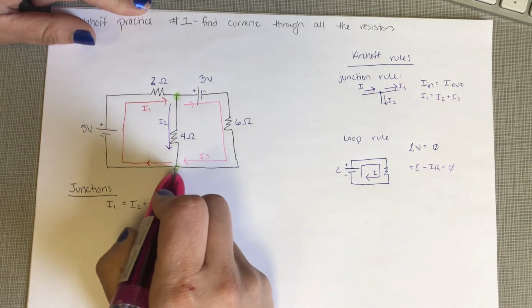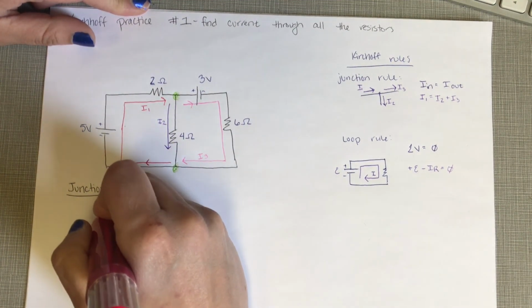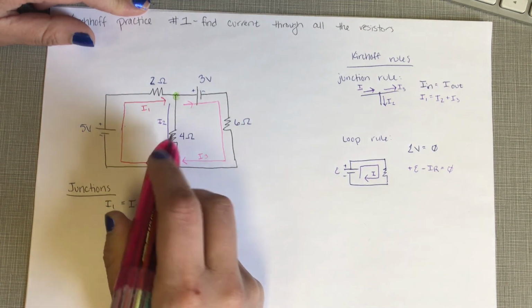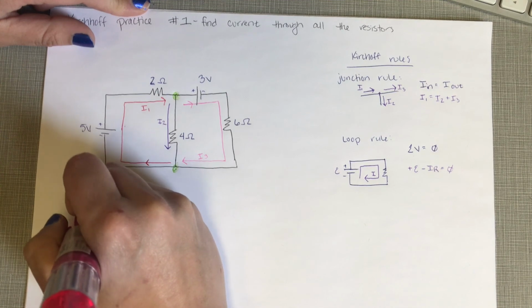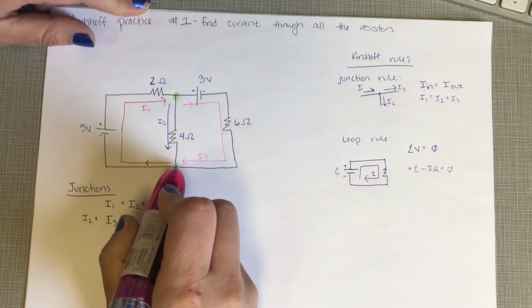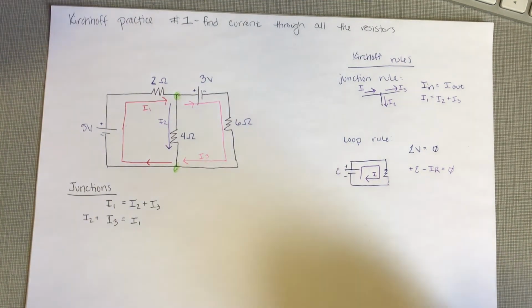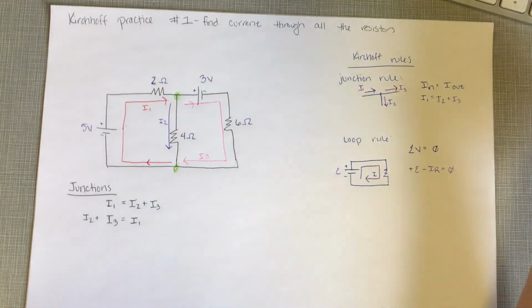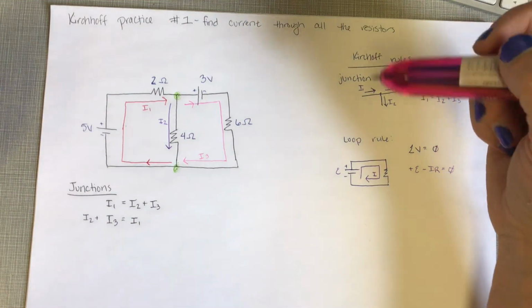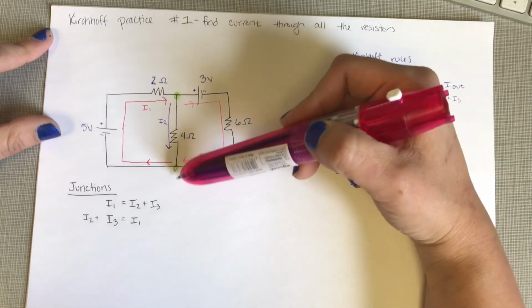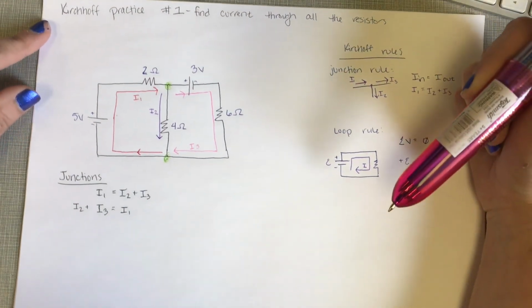Down here, going in, I have I3 and I2, and I have I1 coming out. So you notice that these are the exact same equation, just rearranged. It's because we have only one branch. So the junction here is going to be the same as the junction here. That's not always going to be the case.